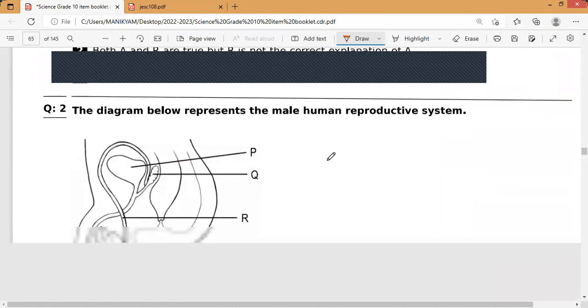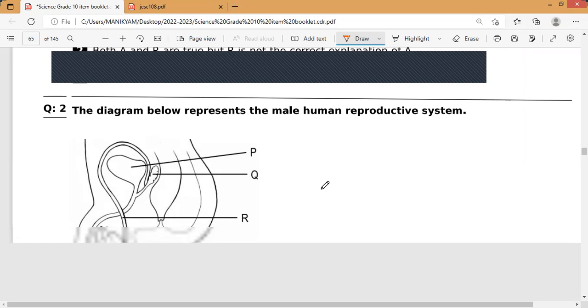Next, the second one. The diagram below represents the male human reproductive system. What they are asking is: identify the part that is responsible for the secretion of testosterone. Can you name the part which secretes testosterone?